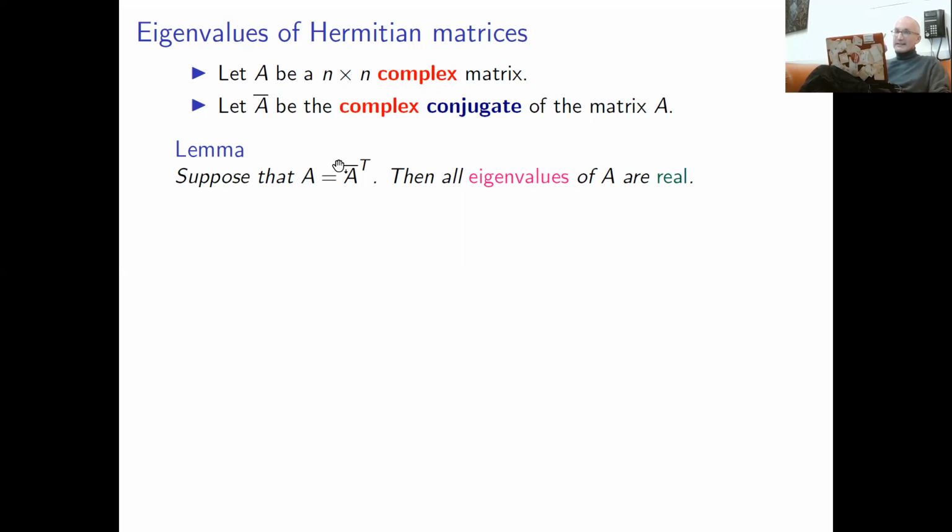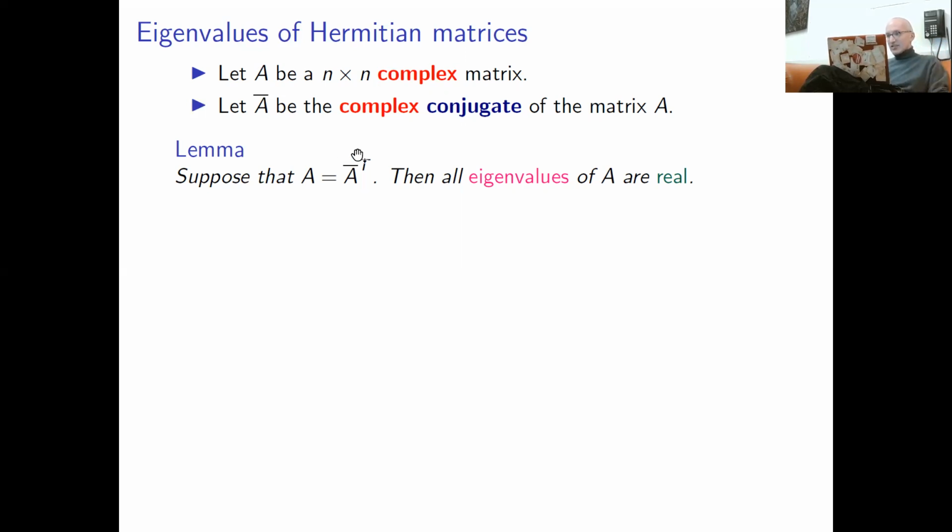If A is a symmetric matrix with real entries, this is not prohibited because real numbers are complex. If A is a real matrix, then the complex conjugate of a real number is the same real number, so the complex conjugate of A is just A. Then this is just the definition of a symmetric matrix.